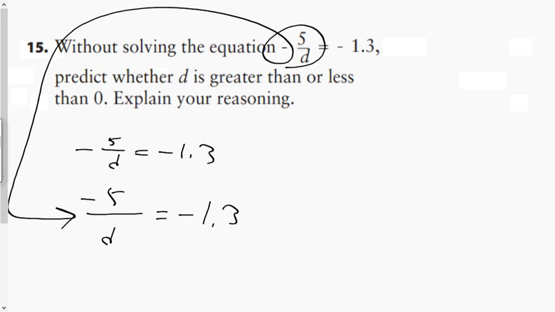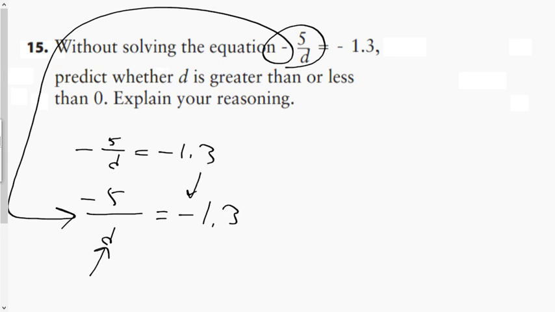And if we think about this, if D was negative, what kind of answer would this side be? If D was negative, would it be positive or negative on that side? It would be positive, because we know a negative divided by a negative is a positive. But what we see here is that that side is actually negative, right here. So what does that tell us about our D value? It has to be positive, correct?